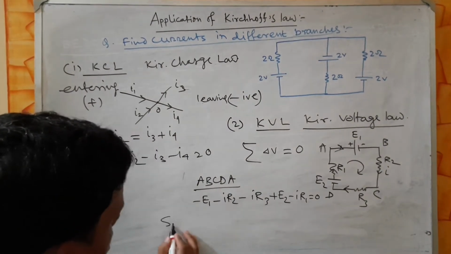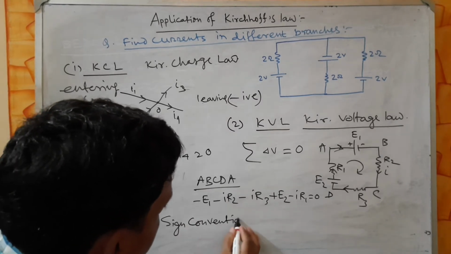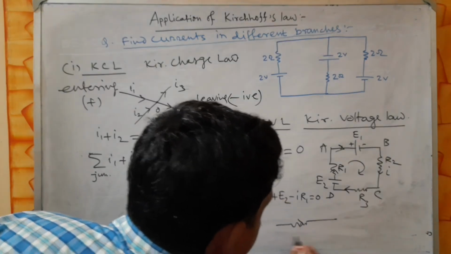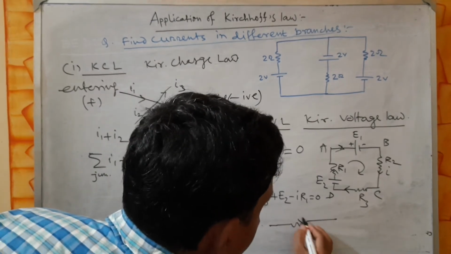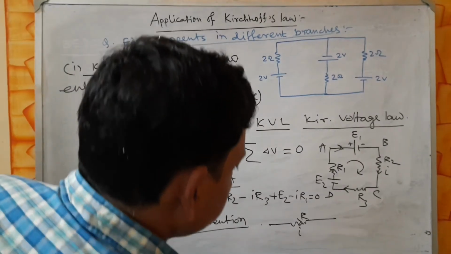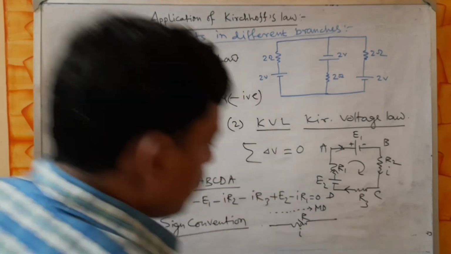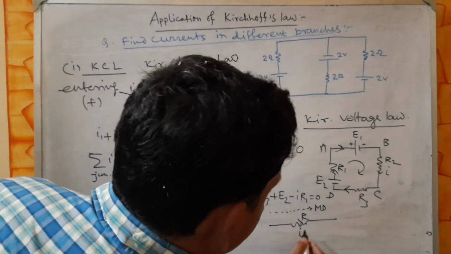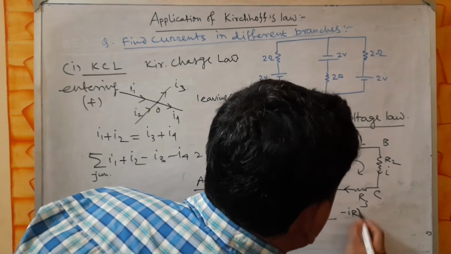So, the sign convention: through the resistor, the current direction and the mesh direction are the same, so the voltage drop is minus IR.